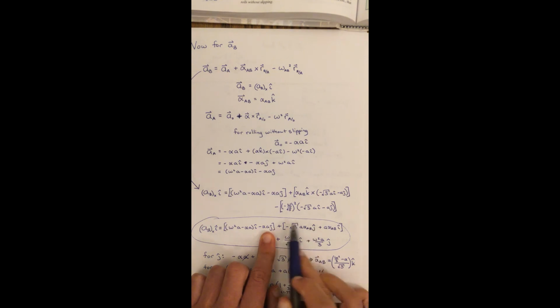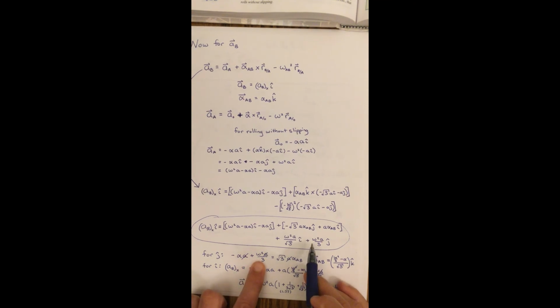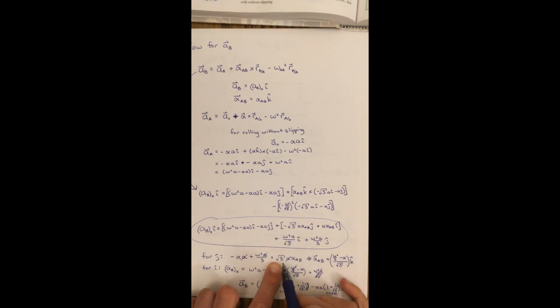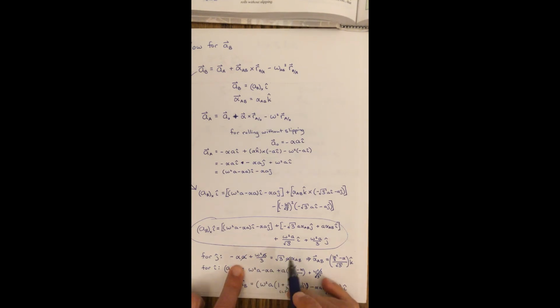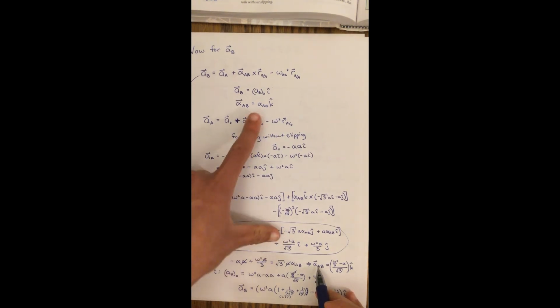So let's take this one and bring it over to the other side. So I have minus alpha A plus omega squared A over 3 is equal to, this on the other side would be positive square root of 3 times A times alpha AB. Then the A's cancel out, and you can solve for alpha AB. So it's this plus this, which we have here, divided by the square root of 3.